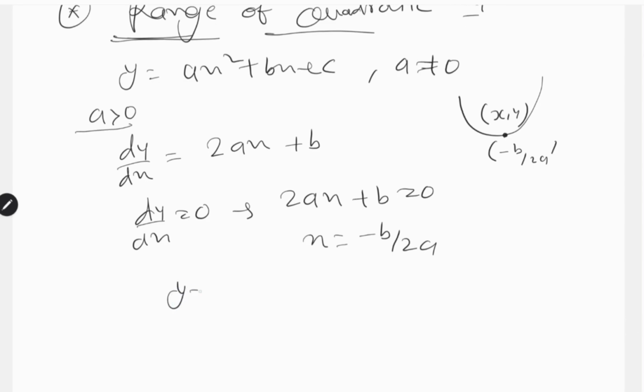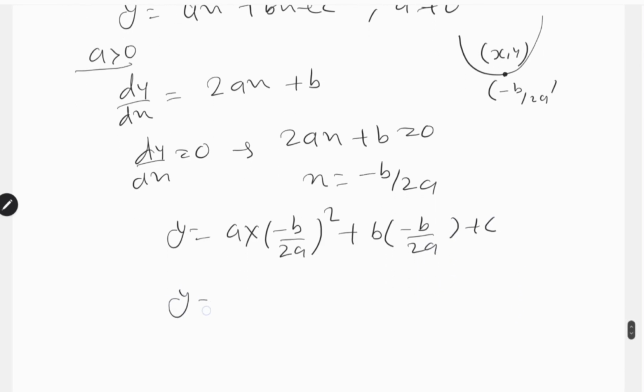Then I put the value: y is equal to a into (minus b by 2a) whole square plus b into (minus b by 2a) plus c. Okay, then y is equal to a b square by 4a square minus b square by 2a plus c.